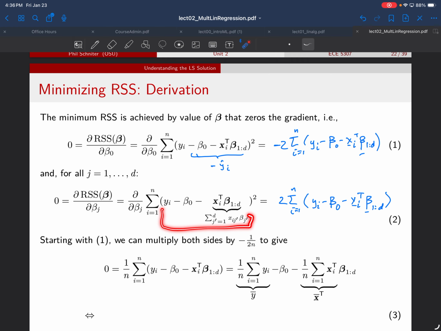So most things can fall away, right? Because they're not dependent on beta j. So this is not dependent on beta j. This is not dependent on beta j. When I look at this sum, how many of these terms are dependent on beta j? J being some fixed number.